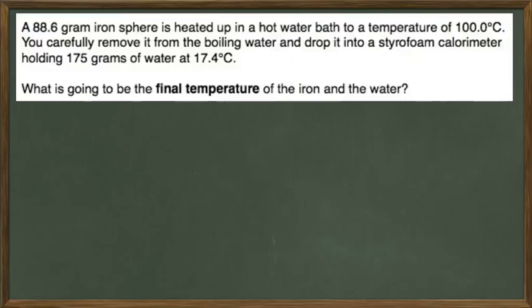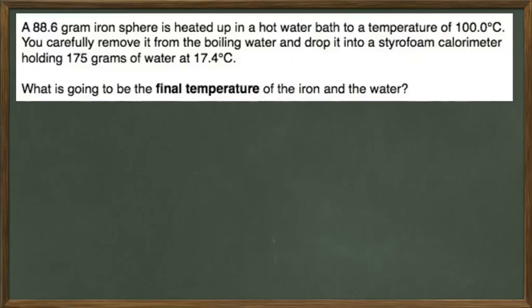In this problem, we're going to take an iron sphere that we've heated up to the boiling point of water. We're going to transfer it over to a styrofoam calorimeter that contains water that's a little bit below room temperature, and we're going to see if we can find the final temperature of both the iron and the water.